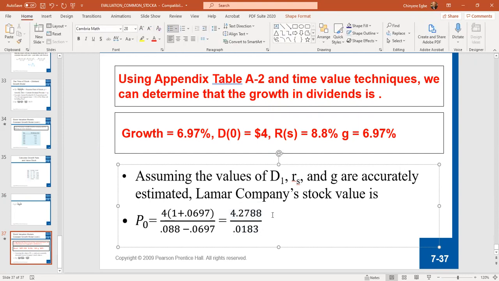And so what do we have? 4.2788 divided by 0.0183 gives us 233.81. So that will be the price of the stock.